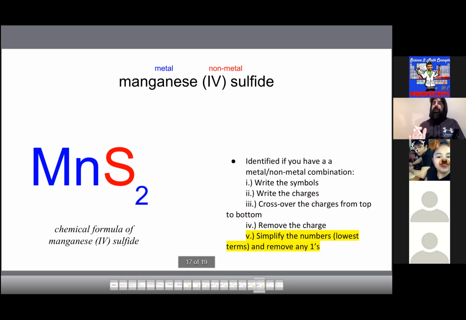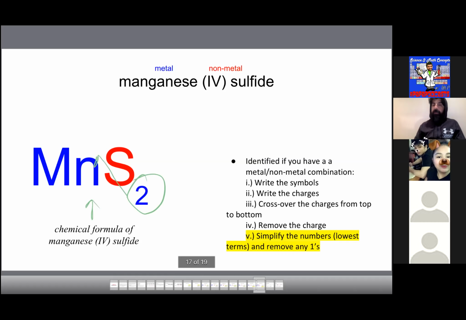Now, here is something that I want you to make note of. Be careful if you are being asked to go opposite. So here's what the question will be. The question's going to give you this formula here, and I'm going to ask you, what's the name? Easily, remember how we were looking at it moments ago and we said, oh, where's that 2 come from?